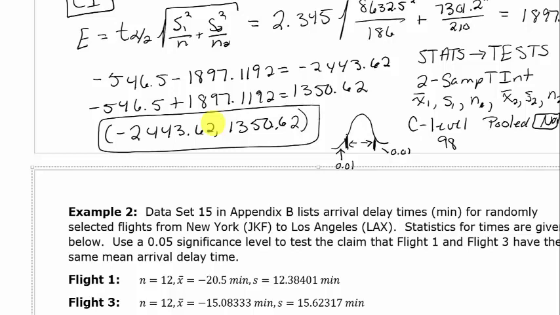If the entire confidence interval was negative, then we might conclude that mu1 was less than mu2 because when we found the difference, we got all negative values, and 0 isn't in there. But if the confidence interval contains 0, then it is a possibility that the two means are equal to each other.